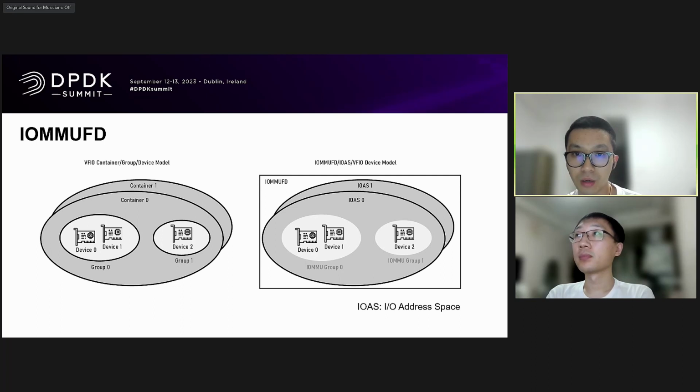And there is one more concept, IOMMUFD, which is a handle to manage multiple IO address spaces. To summarize, the main difference is that the group is hidden by the kernel, the container is turned into the IO address space, and there's one new IOMMUFD to manage multiple IO address spaces.